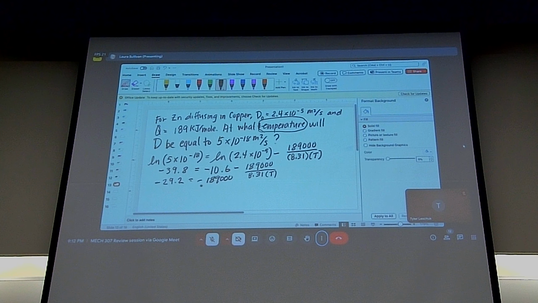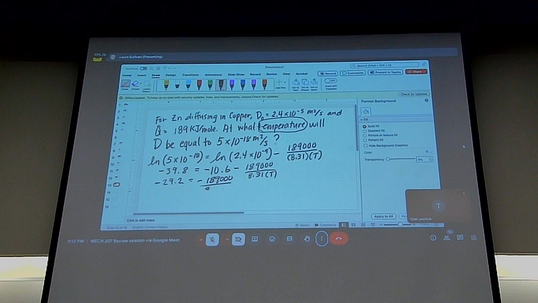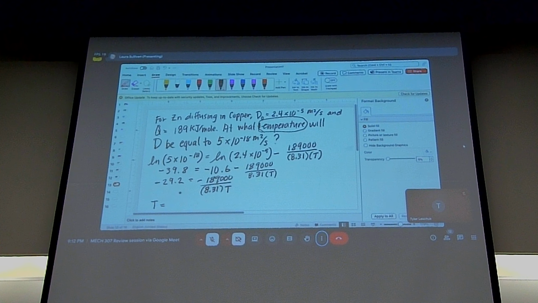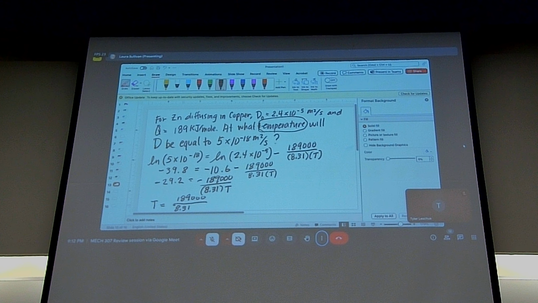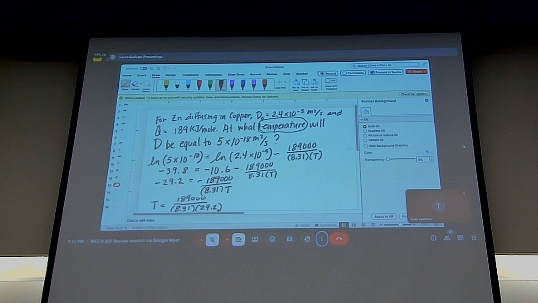-189,000 over 8.31 times T. So that means T is going to be equal to 189,000 over 8.31 times 29.2.